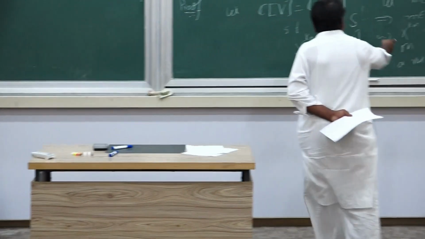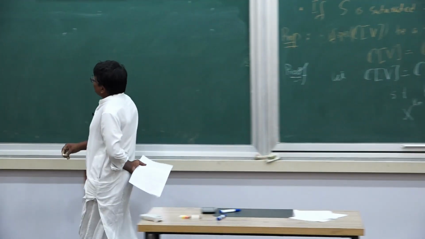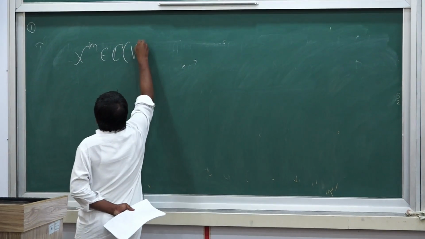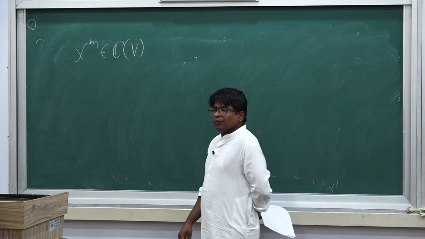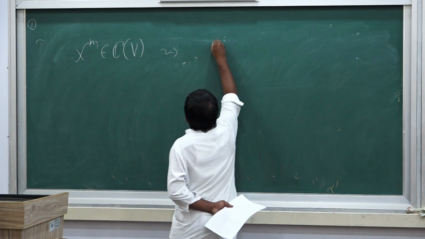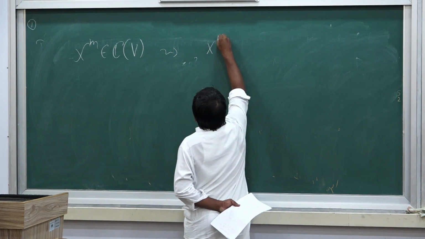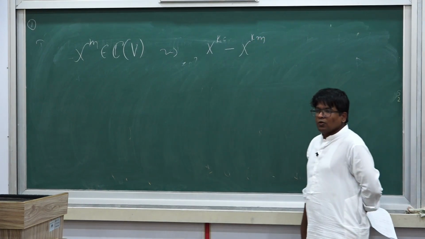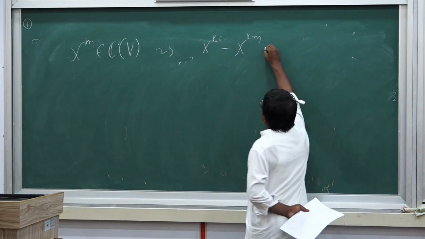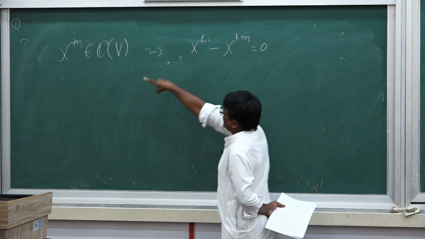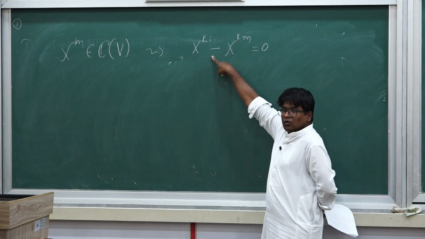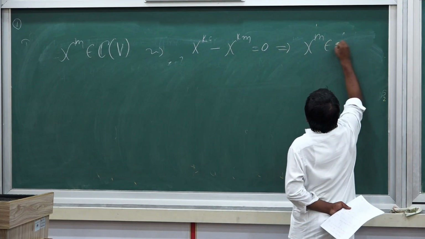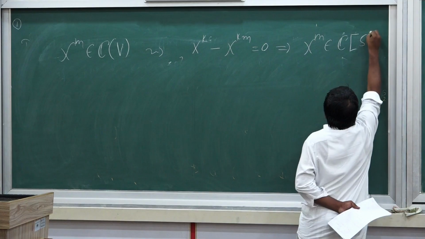I now know that my x^m lies in the field of fractions, okay, and clearly this can be written as x^(km) minus x^((k-1)m)... So this equals 0. So this x^m is the root of this thing, okay. So this would imply that the character m belongs to C of S. Why?